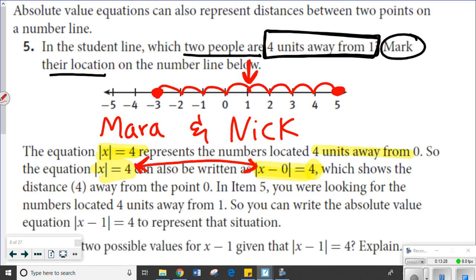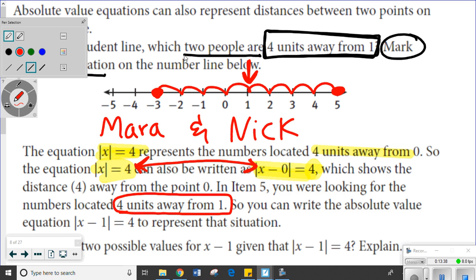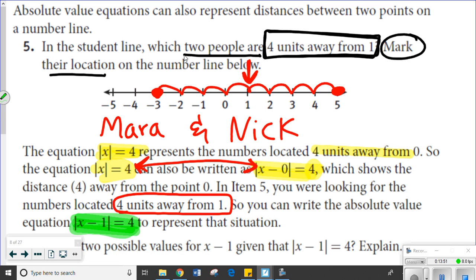Okay. In question 5, we were looking for numbers that were located 4 units away from 1. So this equation looks a little bit different. This 4 is the number of units that we're moving away.